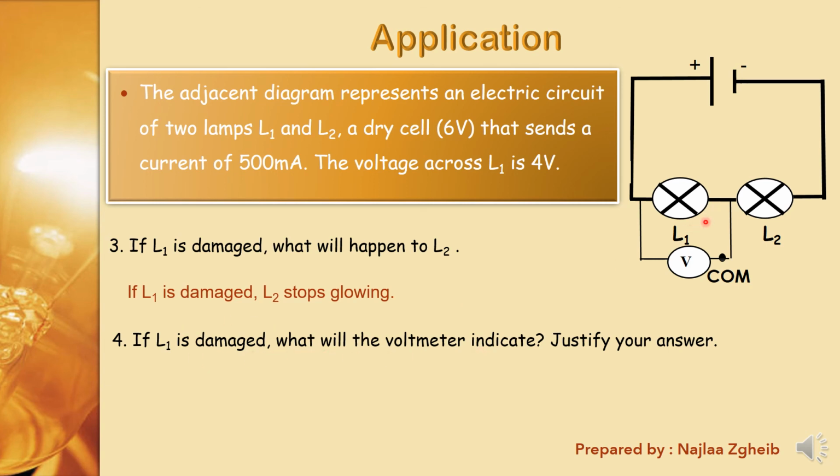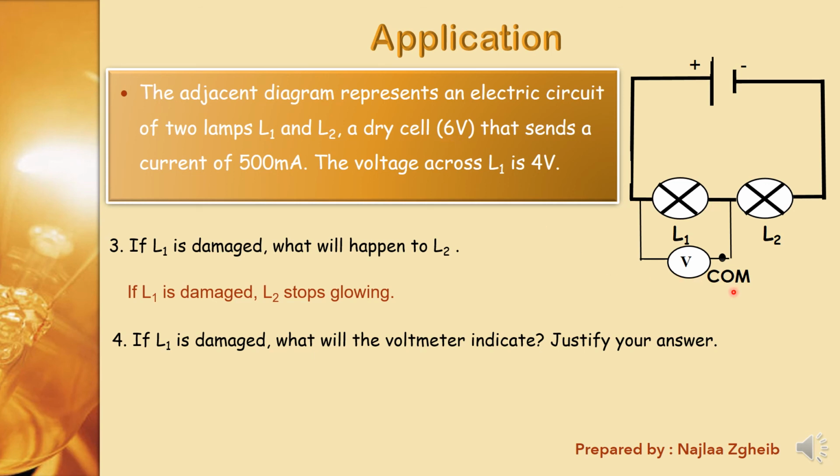So when L1 is damaged, it acts as an open switch, and then the voltmeter will indicate the voltage of an open switch, which is equal to the voltage of the power supply or the dry cell, so it will indicate 6 volts.